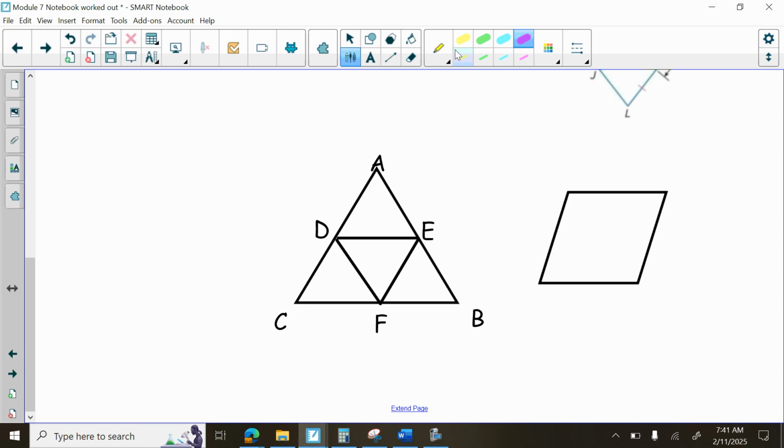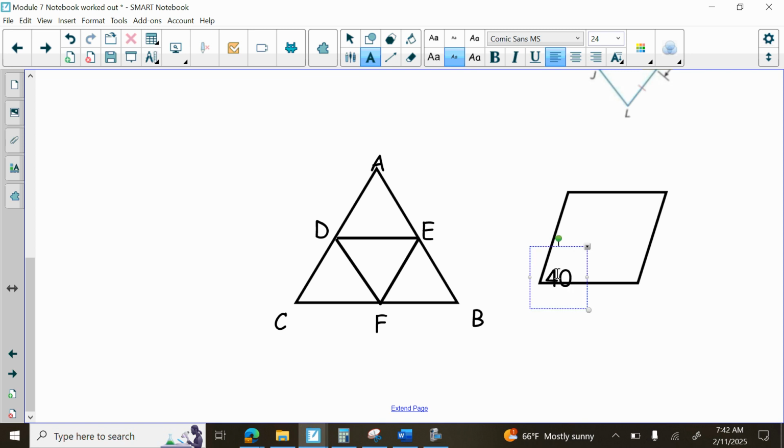Does anyone know about opposite angles in parallelograms? So like if this angle is 40 degrees, this angle over here will be 40 degrees as well, because the opposite angles in parallelograms are congruent.